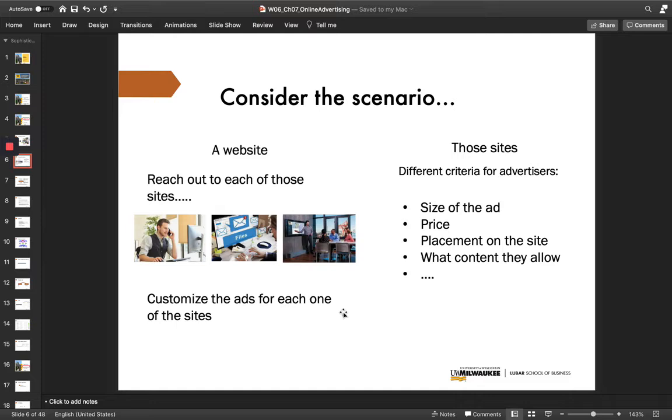I mean, even if the content of the advertisement is completely the same for the same product, the same service, the same sales strategy, everything the same, the rules for displaying advertisements are different on different outside websites.